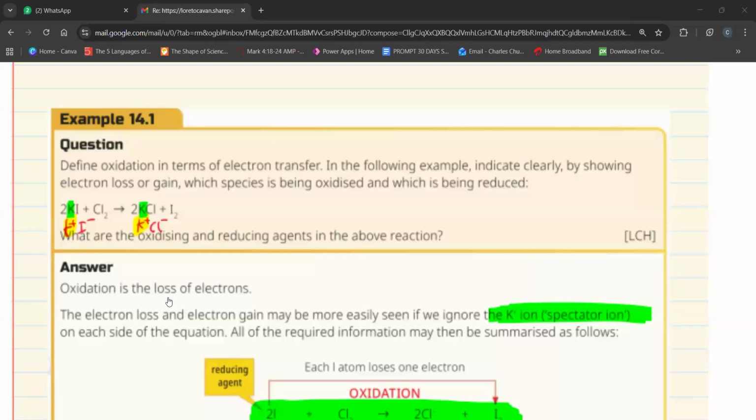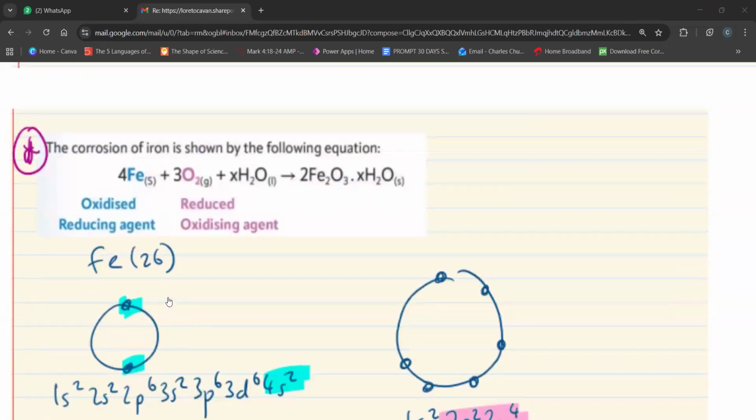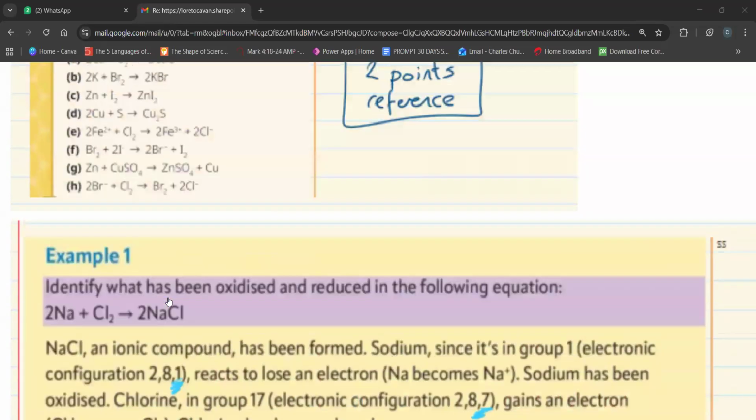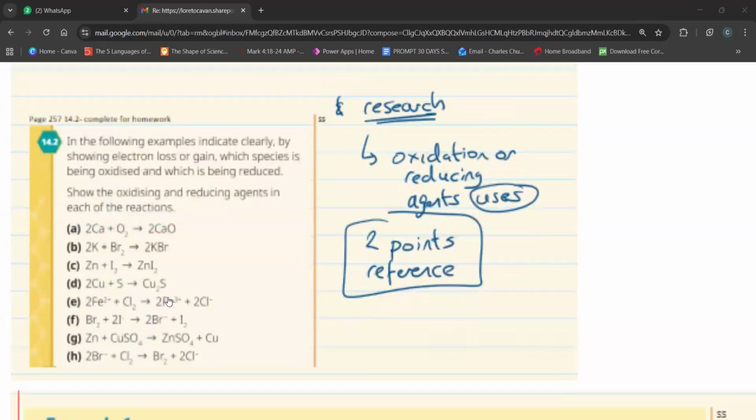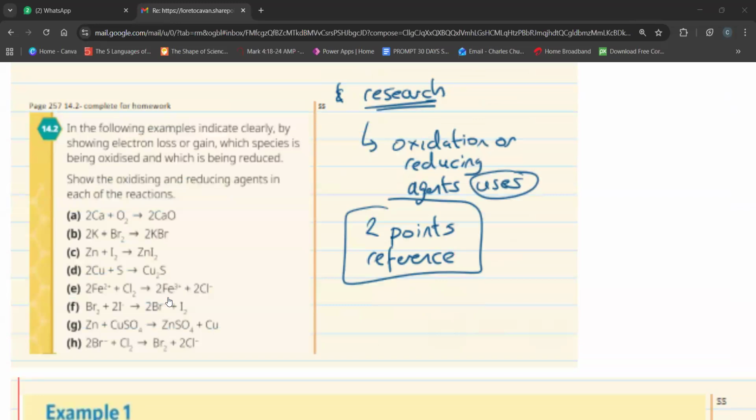Yes, sir. Okay, that's fine. So just checking this out, these ones that you said that you did, A to H, that's exercise 14.2.